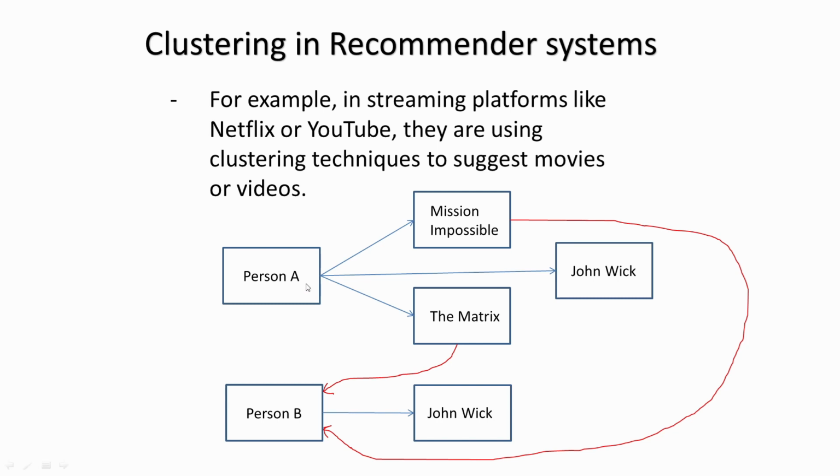Here is the example. Here we have person A and person B. Person A watches Mission Impossible, The Matrix and John Wick. These three movies are all action-based movies. And we have another customer, person B, who watches John Wick.